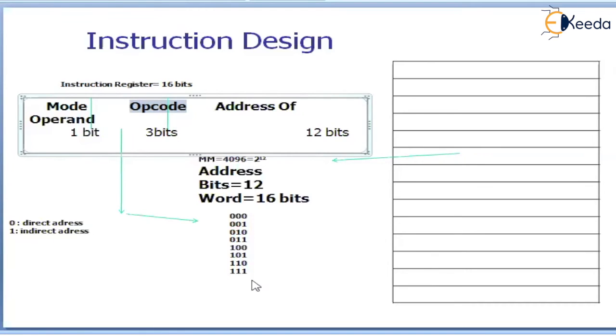So we will focus on how to design these opcodes. Designing the opcodes, designing the machine language instructions, or designing the instruction formats with respect to the location of the operand are all one and the same. Now let us go to the next slide.